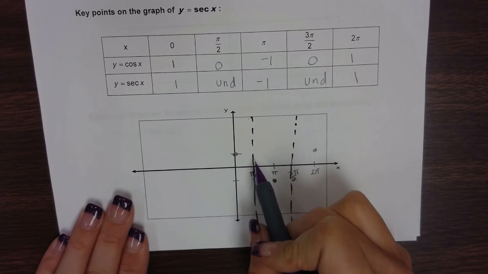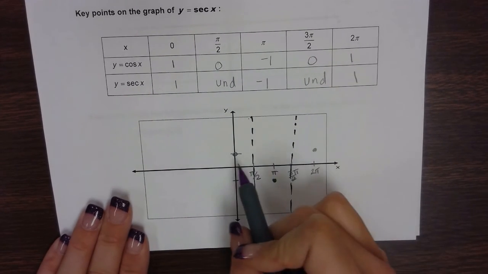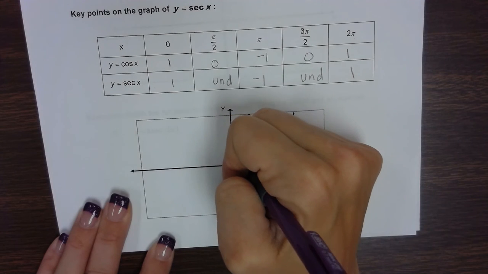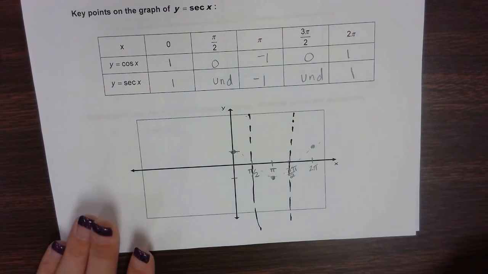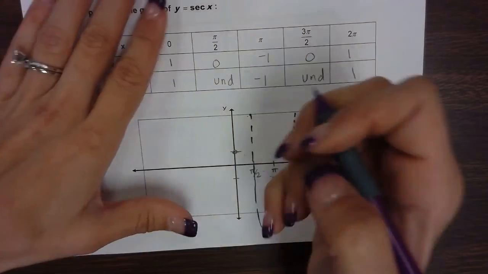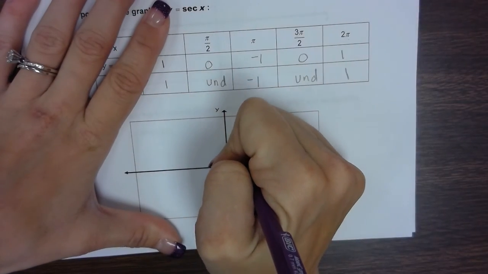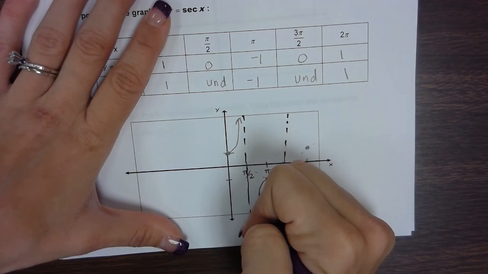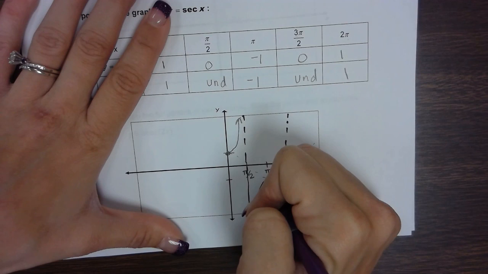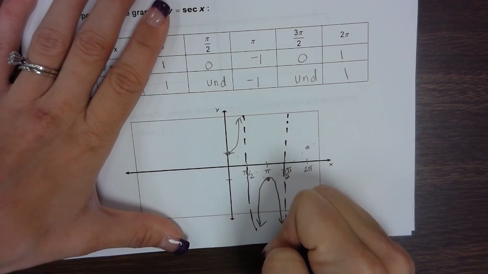As you can see, this almost looks like our cosine, except for the fact that we have asymptotes there, correct? And what happens with our graph is it goes kind of a reflection of it. So we are going to get these U's.